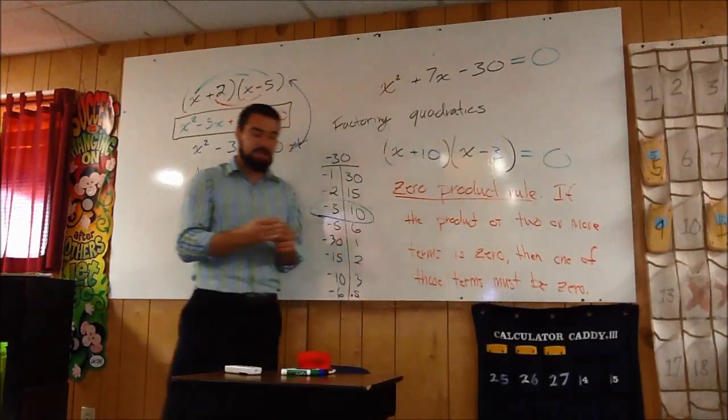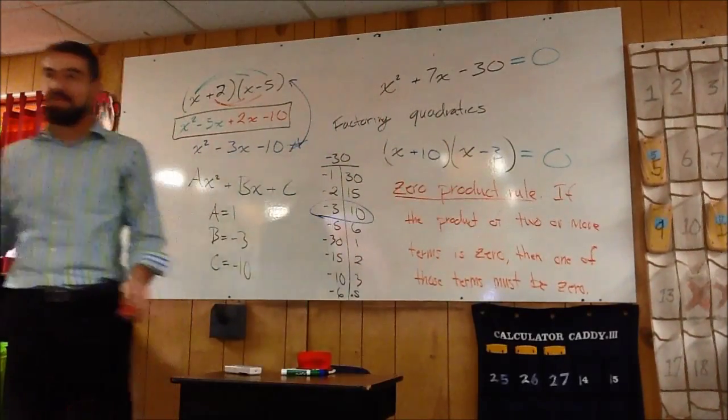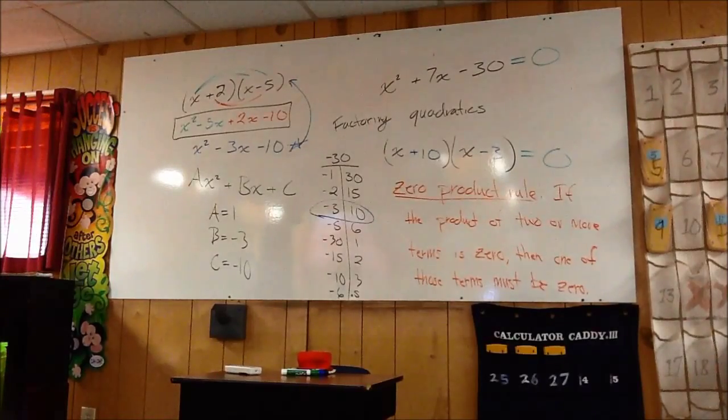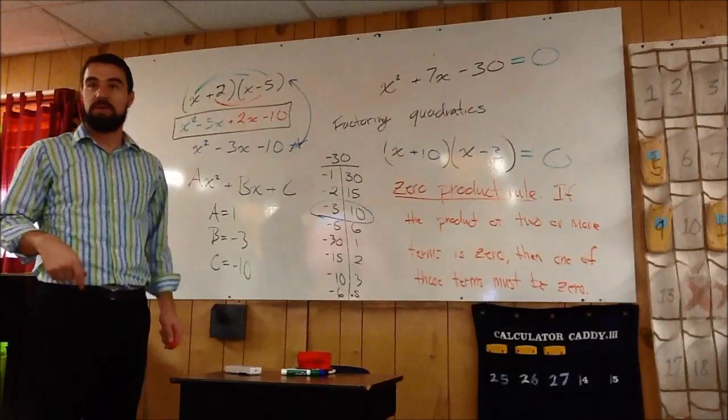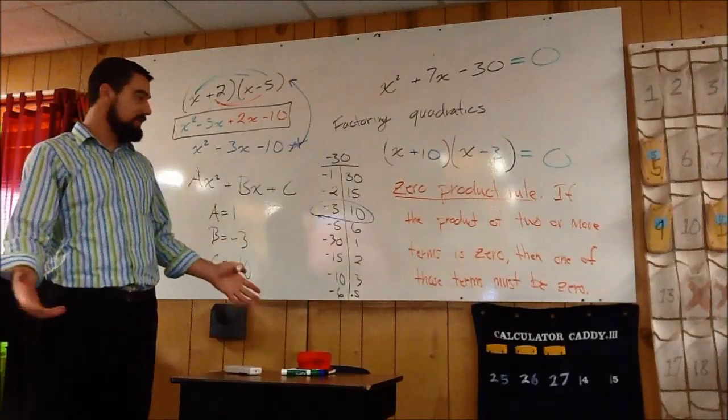If the product of two or more terms is 0, then the only way that can happen is if one of those original terms was 0.